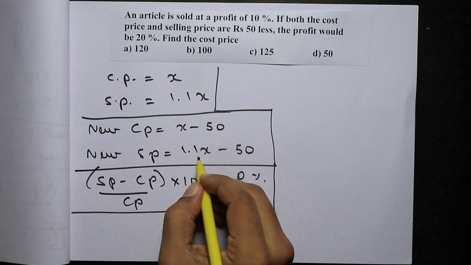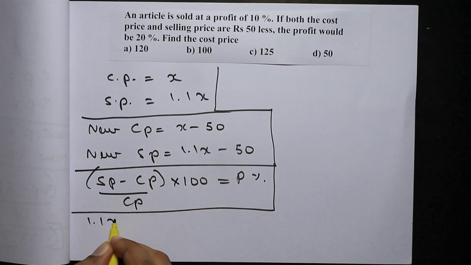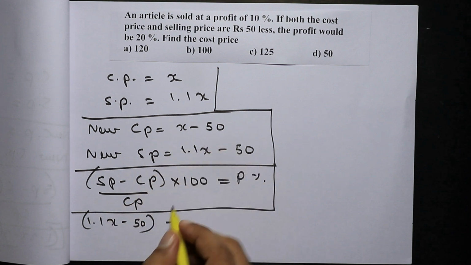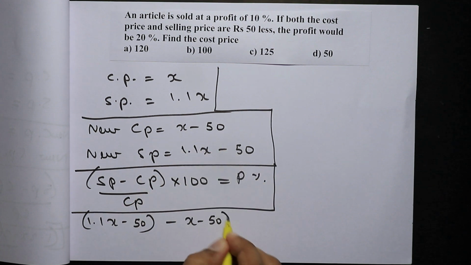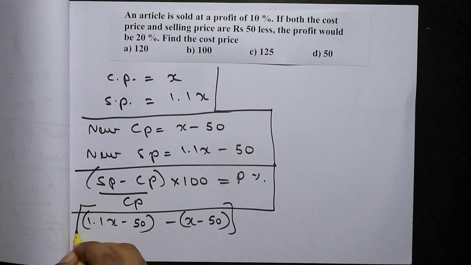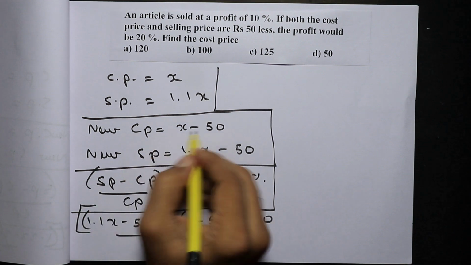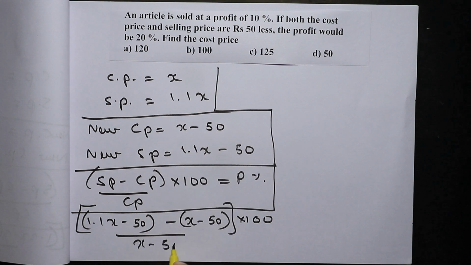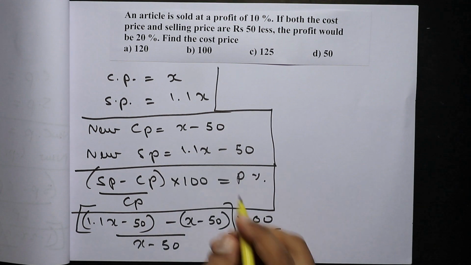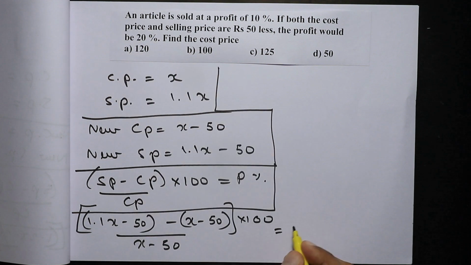So SP minus CP. SP is 1.1x minus 50 minus CP, that is X minus 50, into 100 divided by CP, that is X minus 50, and that is equal to the new value, that is 20%.